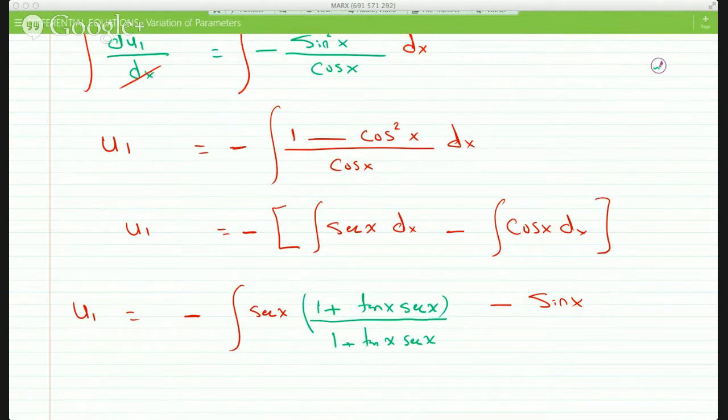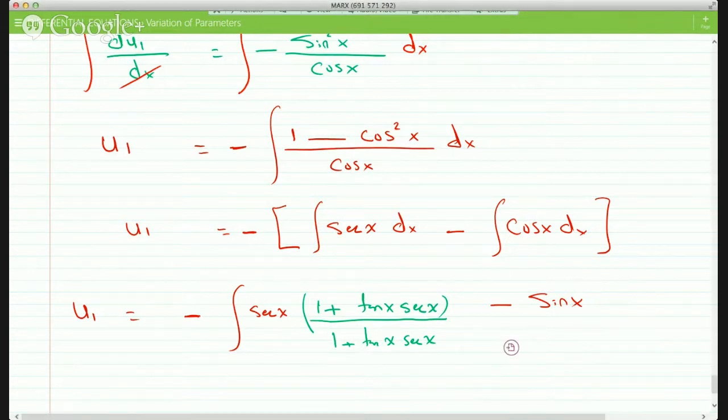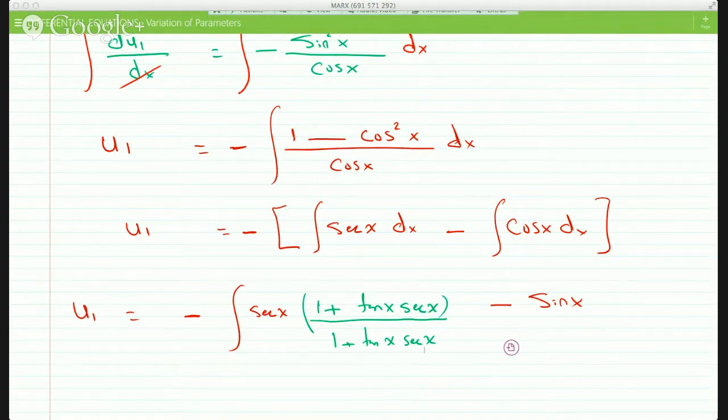Let me try to remember if that's the trick. Secant squared. Tan secant. Let's try to remember if this is the right trick.